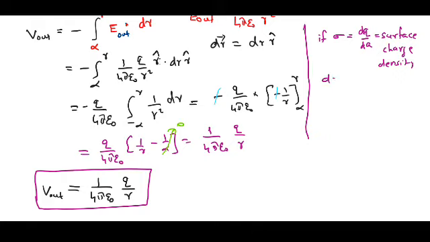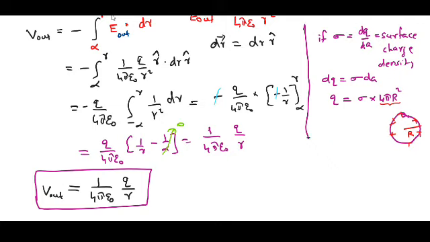Then dq is equal to sigma dA, and the total charge contained is sigma into integration dA, which is 4 pi r square, the surface area of the spherical shell, because all the charges are contained on the surface. The spherical shell radius is r, therefore this is 4 pi r square. And instead of this q, I can substitute sigma 4 pi r square.